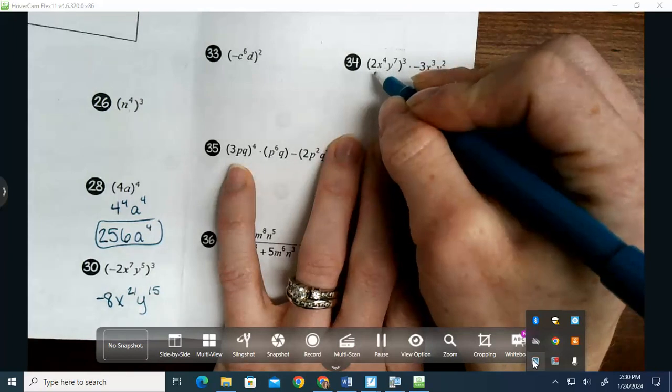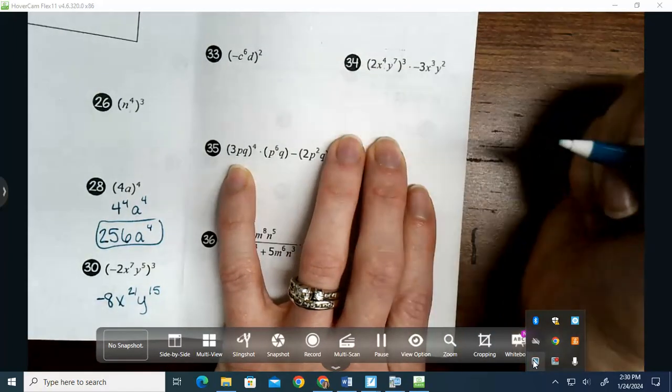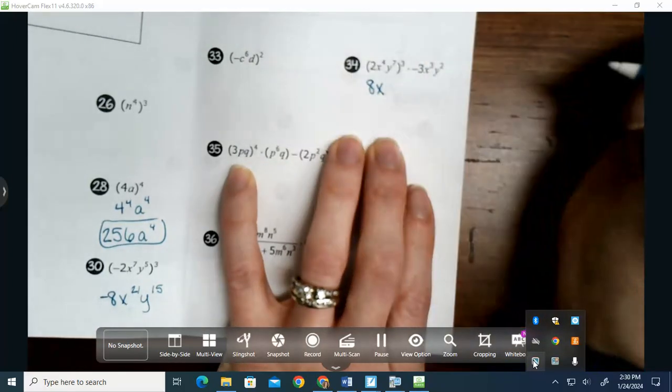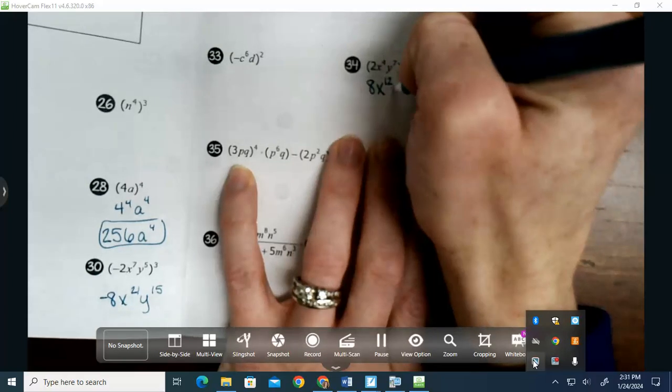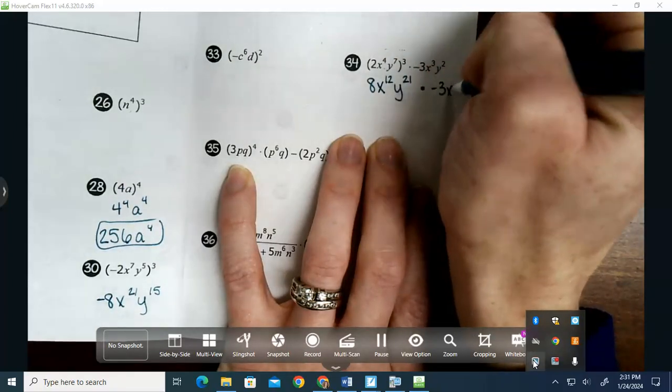Okay, so 2 to the 3rd would be 8. X to the 12th, y to the 21st, and we still have times this one.